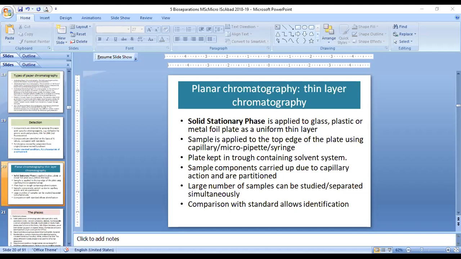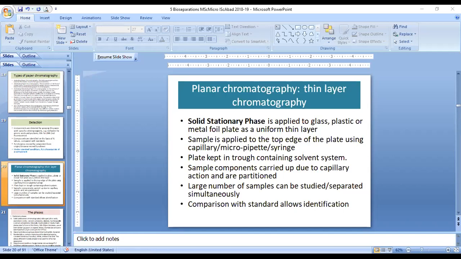On this support material, we have a very thin uniform coating of the stationary phase, which is actually in a powdered form, but we make a slurry of that. And of course, it has something called a binding agent. The binding agent helps that powder to bind to the support material.